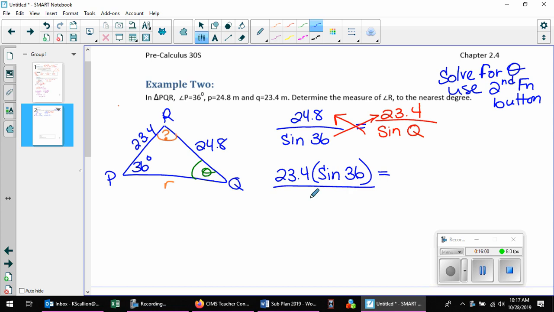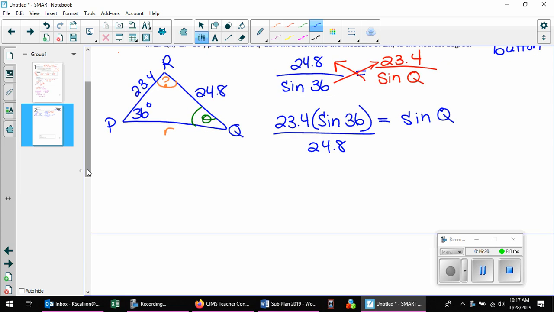How do you guys feel about me jumping right to that? Okay, so what's going to happen here is this has to be less than 1, because we know the sine value is not going to be greater than 1. So handy dandy calculator.